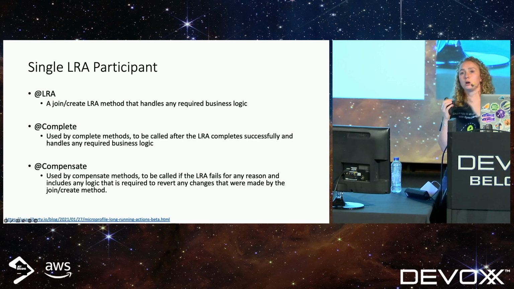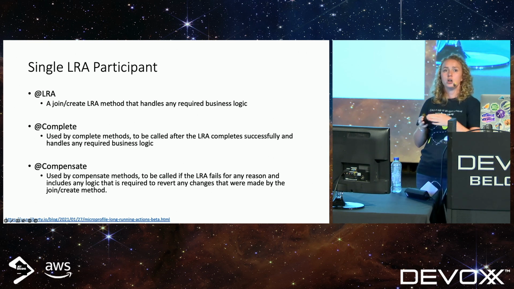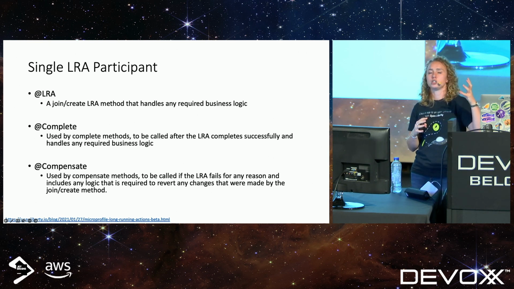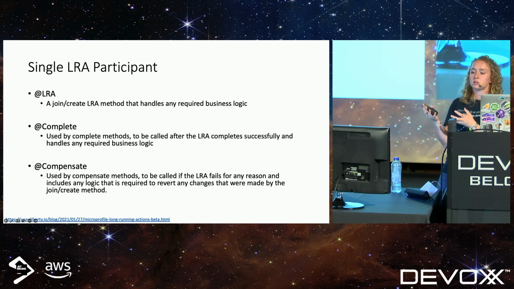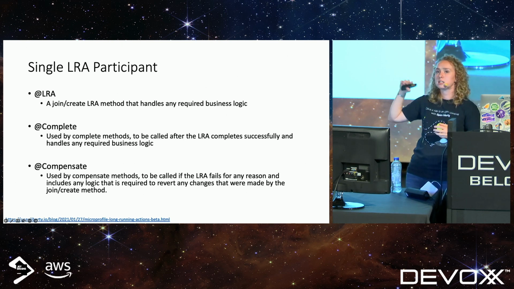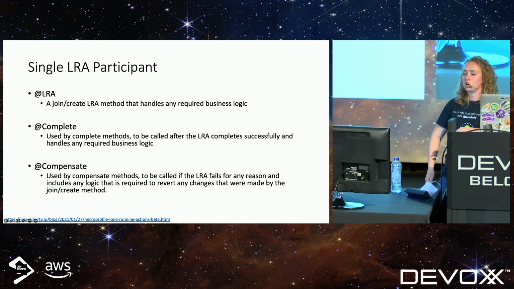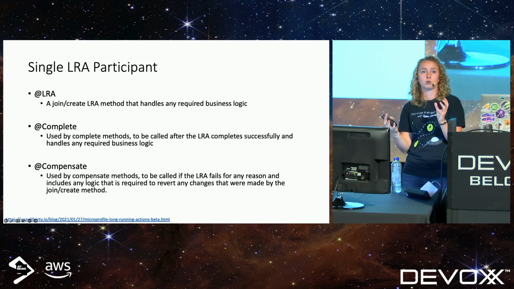When it comes to participants, this is where we can utilize those annotations that I mentioned. So there are about 6 different annotations available at the moment. There are 3 that are the basic ones that you need. These are the minimum if you are going to have your microservice join as a participant. We've got @LRA, @complete, and @compensate. @LRA essentially determines that that microservice is going to be part of an LRA in some form or another.